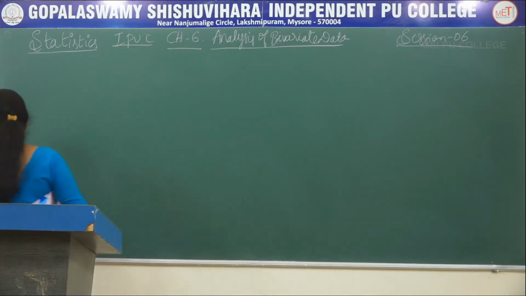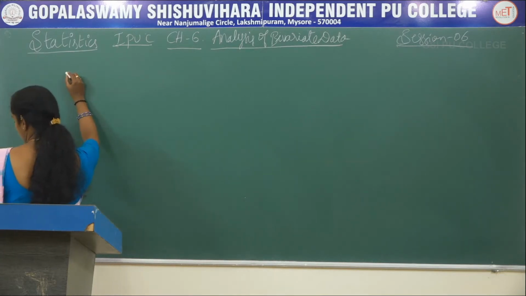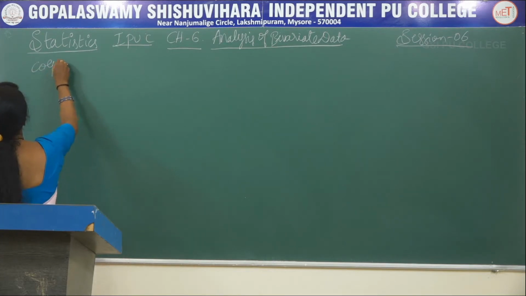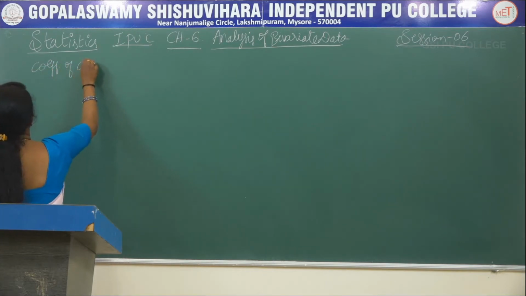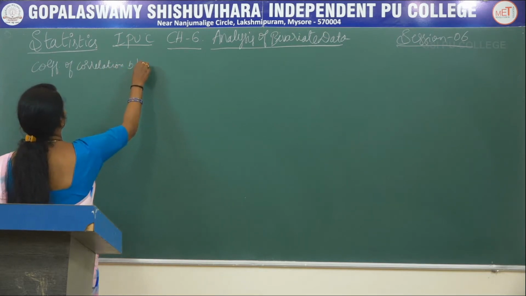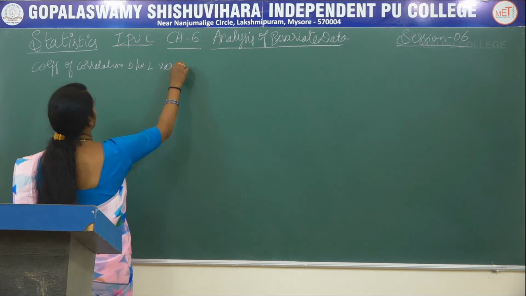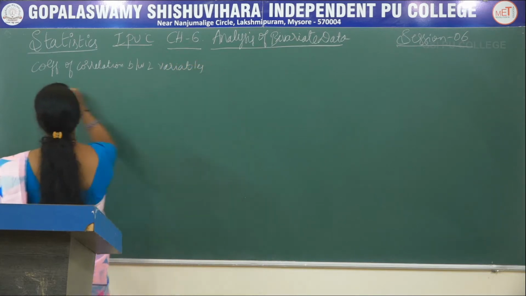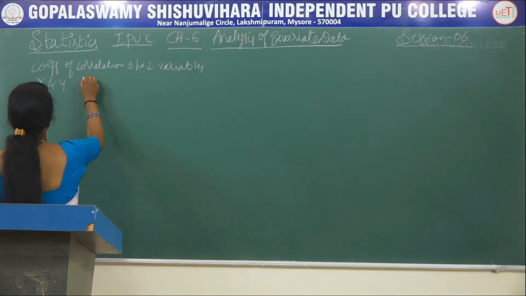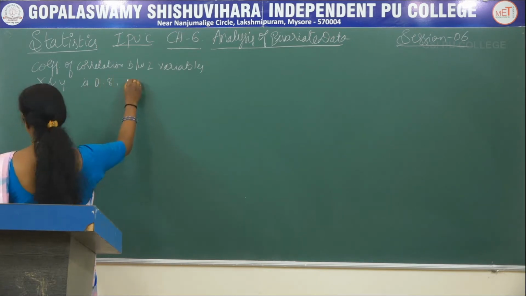Take down the problem. Coefficient of correlation between two variables x and y is 0.8.